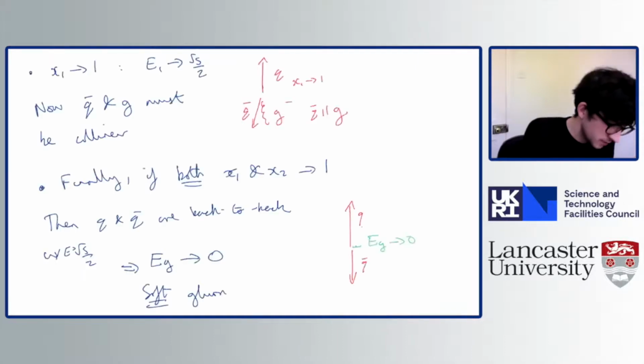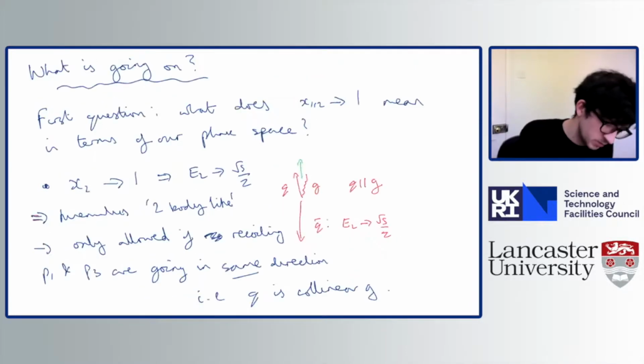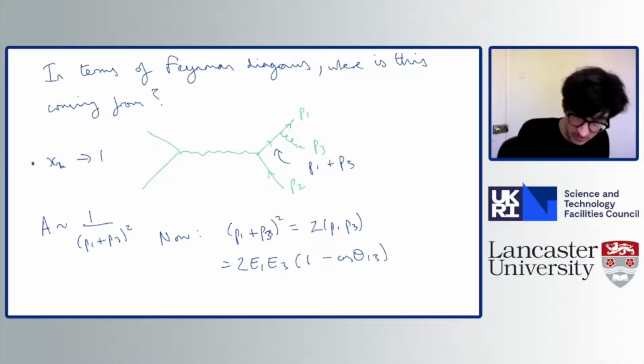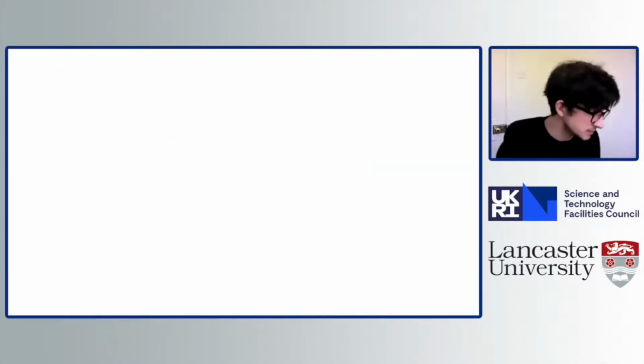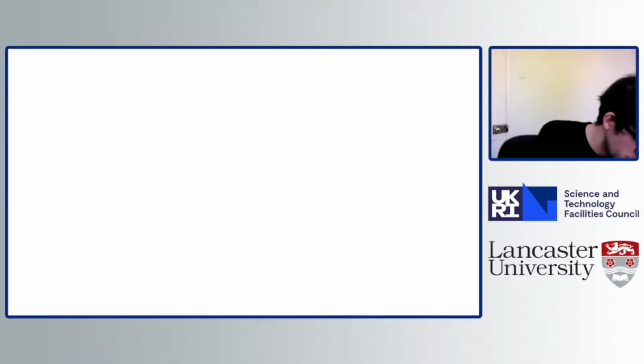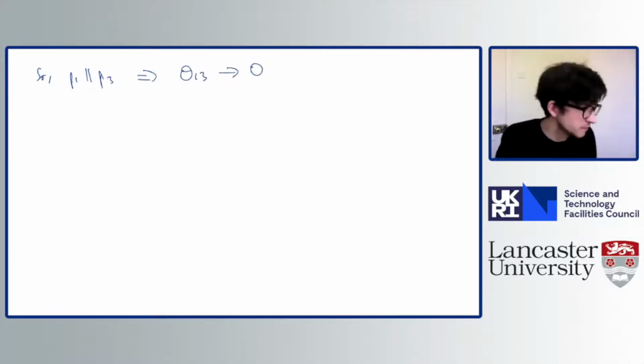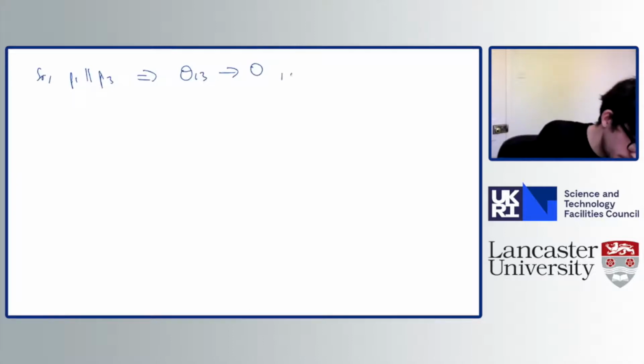So now recall, if I go back to here, x2 goes to 1, we thought kinematically that was with the quark and the gluon at P1 and P3 going in the same direction. You can see this propagator depends on precisely those momenta and indeed on their angle, as I've just expressed it. So P1 collinear to P3 implies that cos theta 1,3 goes to 1.